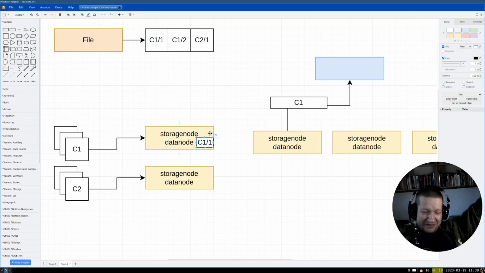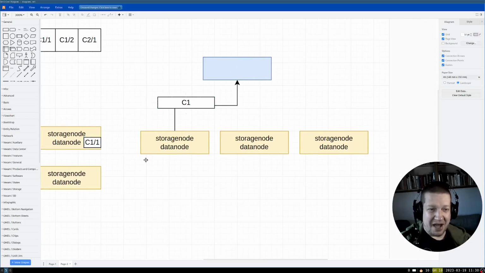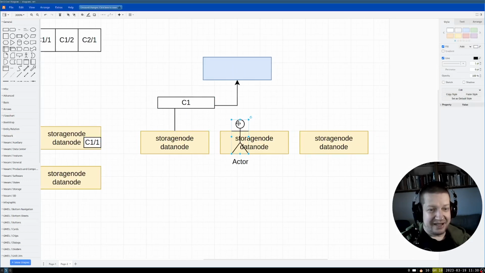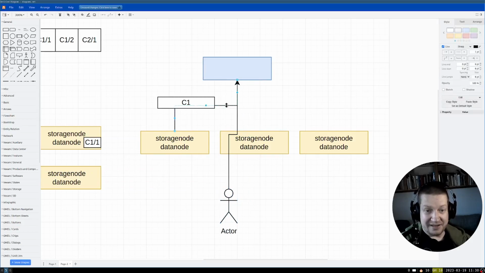But let's quickly move to the third difference, which is about security. So somehow I'm here and I would like to download data. And obviously first I'm connecting to the metadata server.